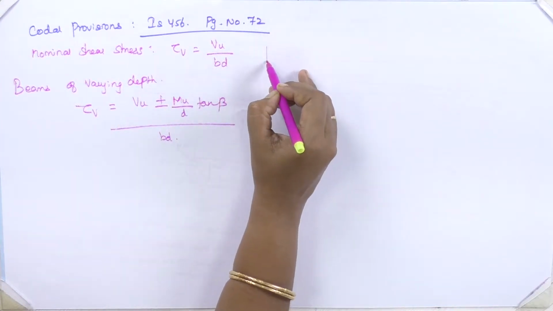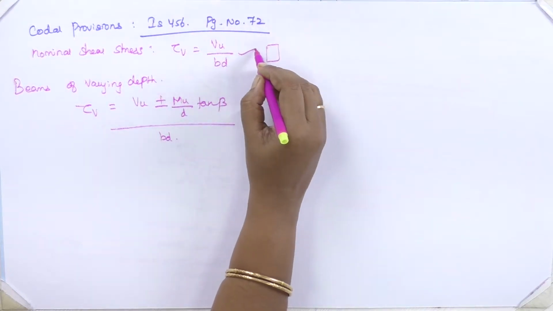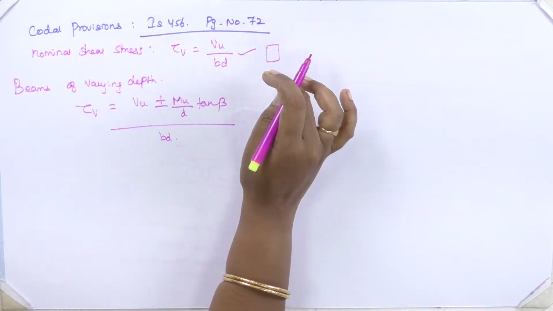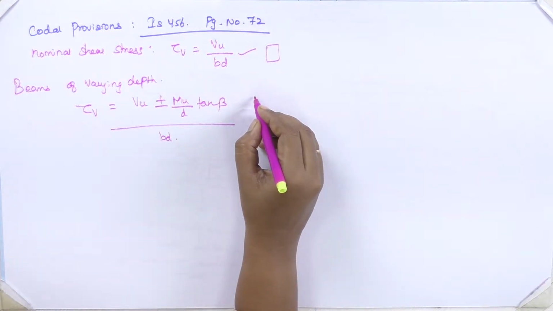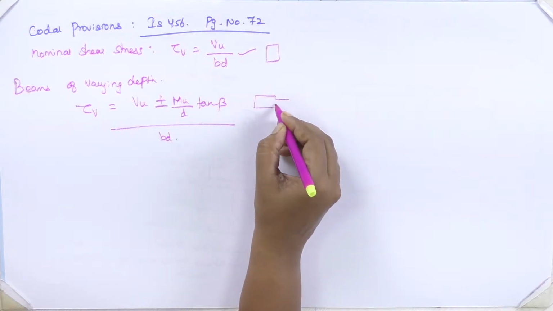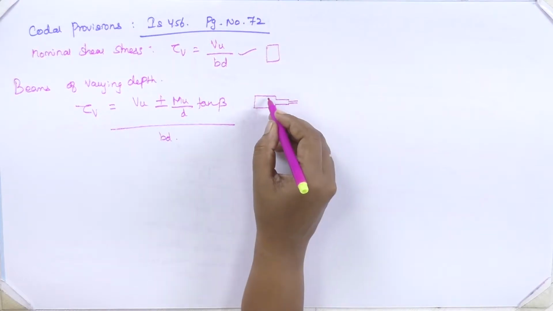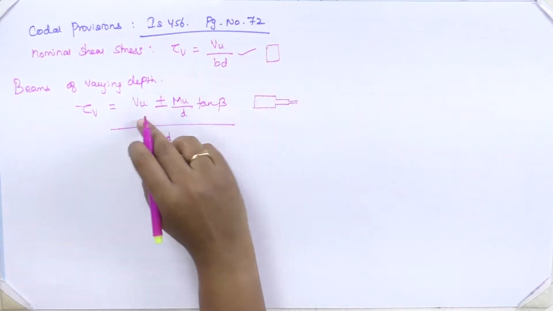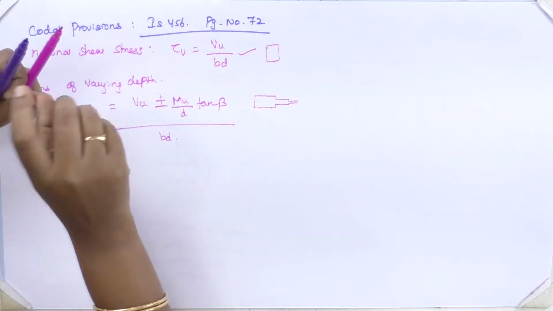When I have a normal rectangular section of my beam, I can go with the earlier formula to calculate my nominal shear stress. Say suppose this is my beam like this. When my depth is getting varied, I can go with this formula to calculate my shear stress.